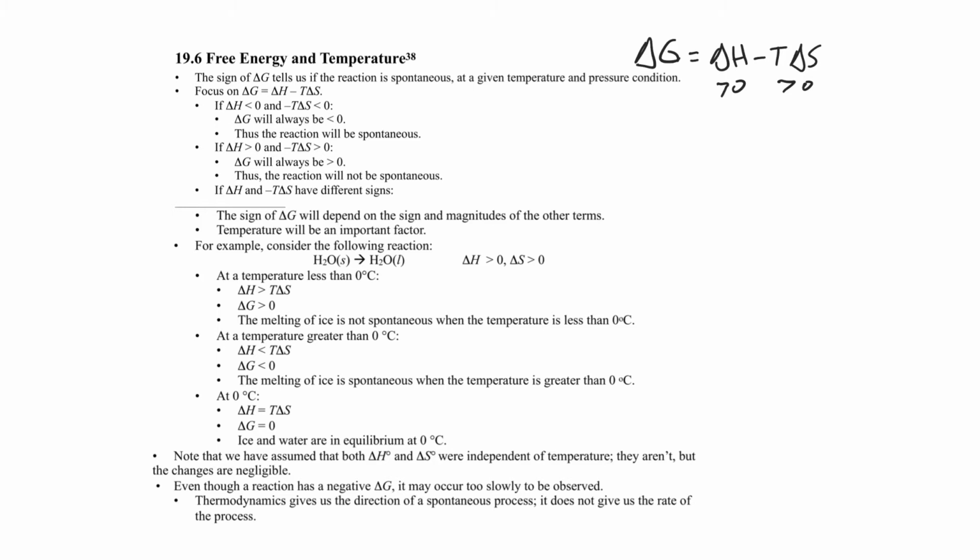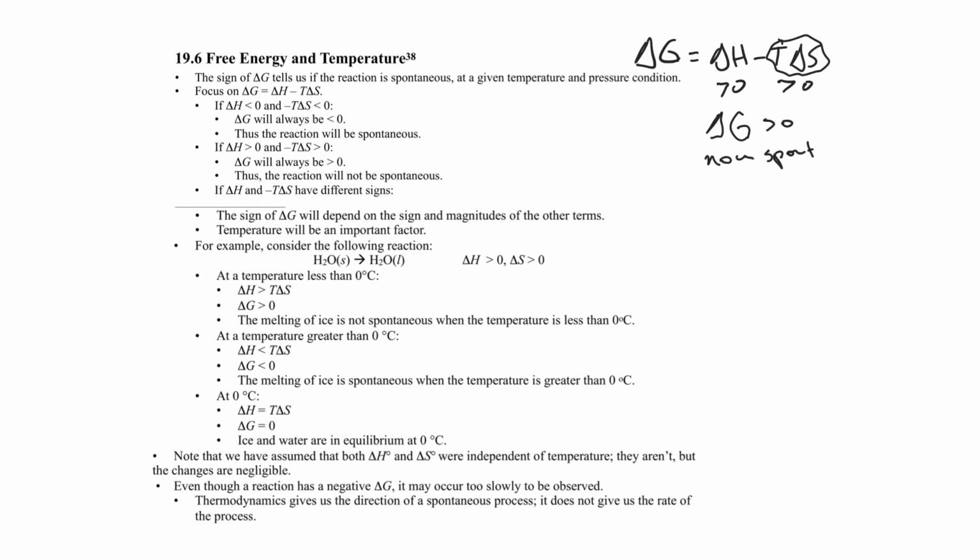If S is negative and T is positive, then this is a negative number, and when you negate a negative number, it's positive. So if both of these are positive numbers, then your delta G has to be positive, and so that's non-spontaneous.